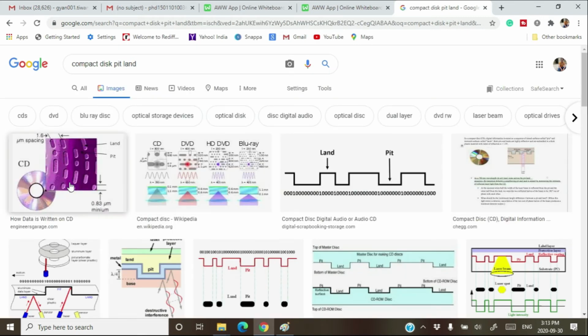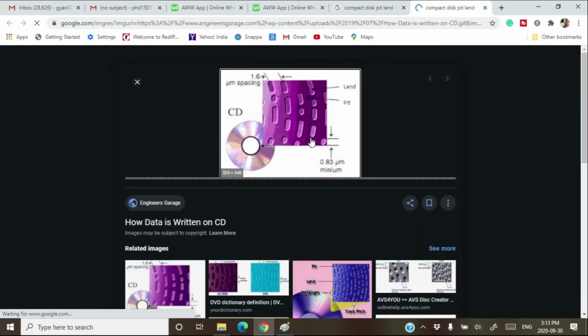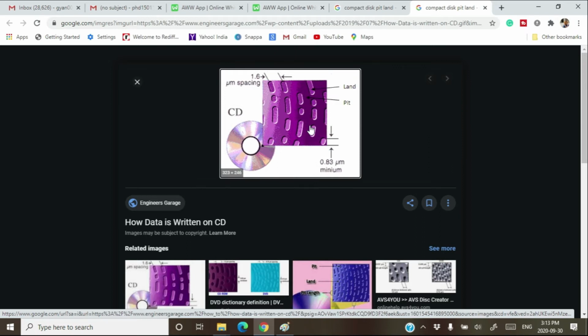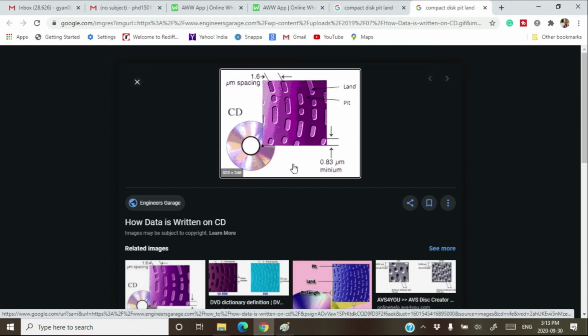So let's open it. This is how you store the data on the compact disk. Of course, all the credit goes to Engineers Garage. You can go to this website if you are interested. So this is how the compact disk stores data.